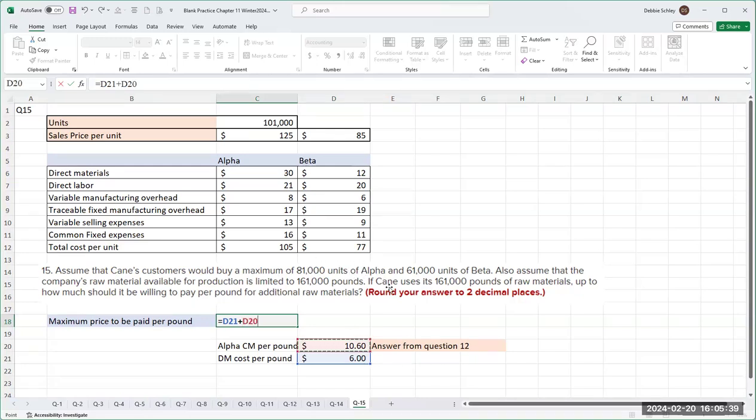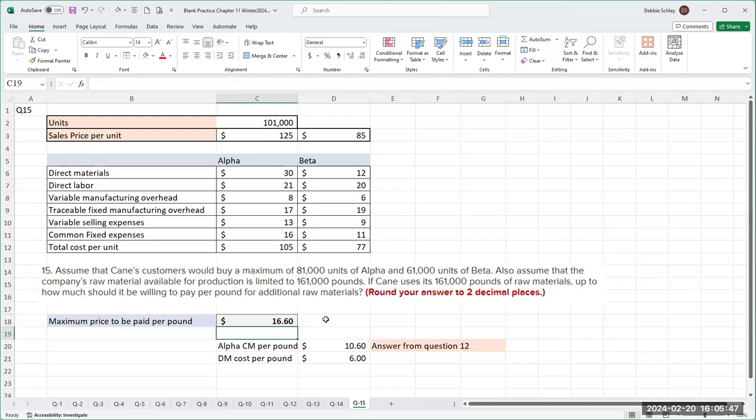Because that's the one we've got to finish making. As long as we don't spend more than those two put together, then we will break even. So the highest I should be willing to pay for more raw materials is $16.60. I hope that helps you out.